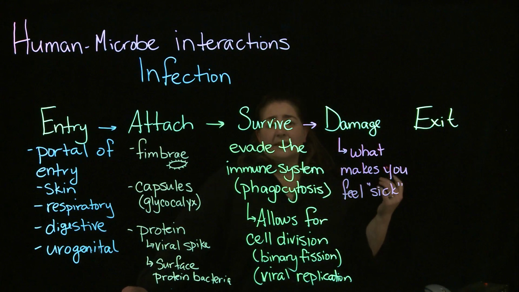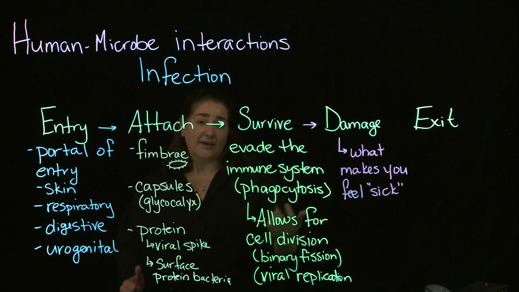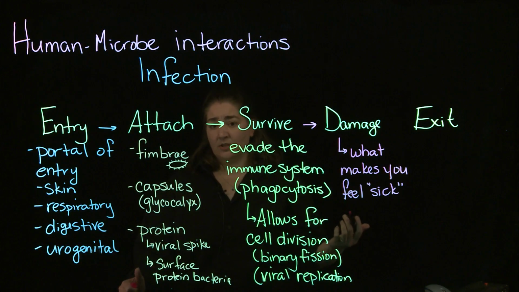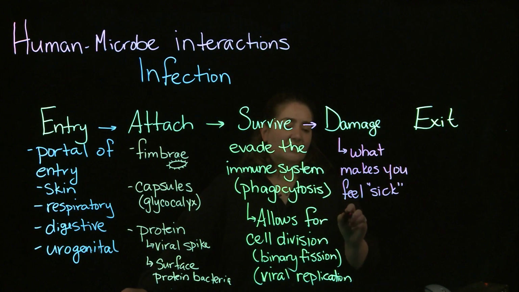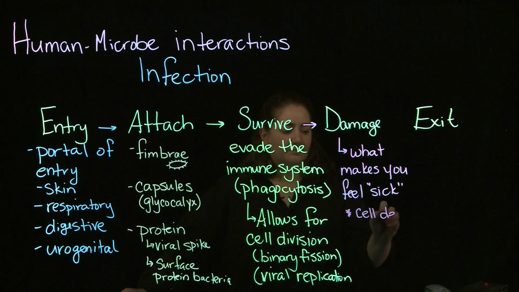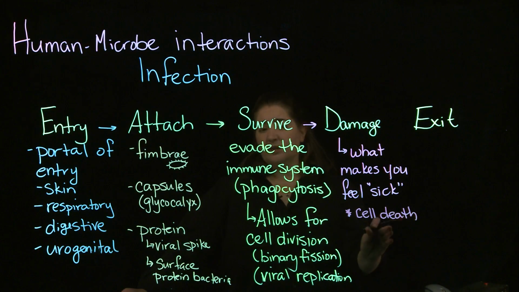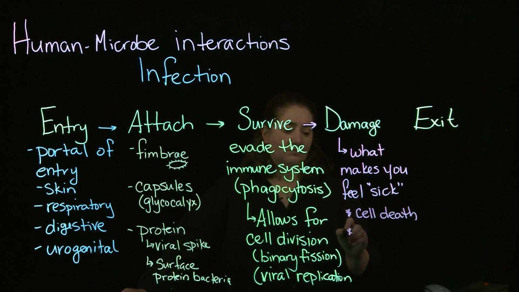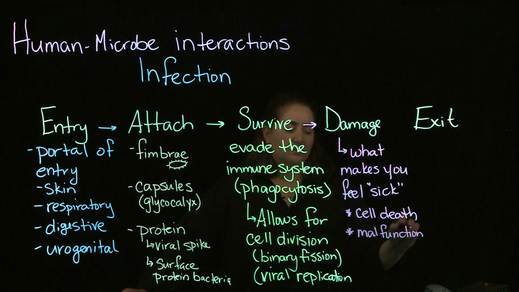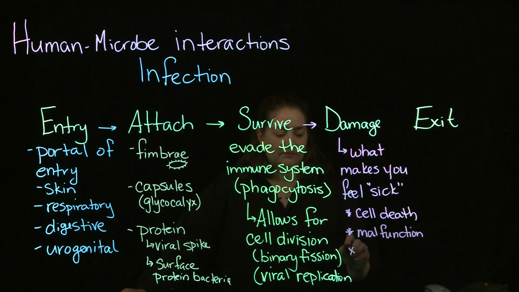Okay? And it's going to depend on the type of pathogen as far as the damage that's going to go. But in terms of that damage, we're talking about things like death of that eukaryotic cell, or it may cause the cell to not function correctly, all right?